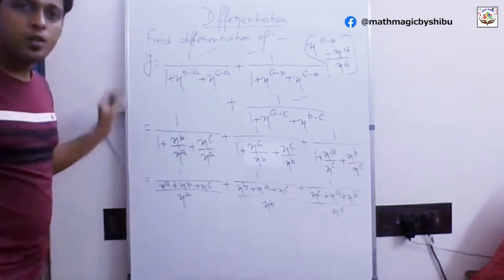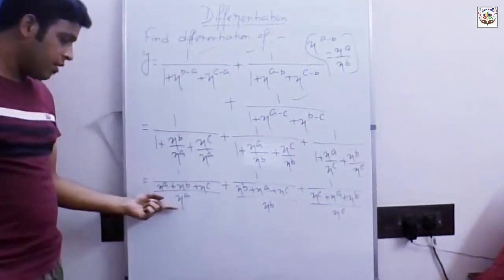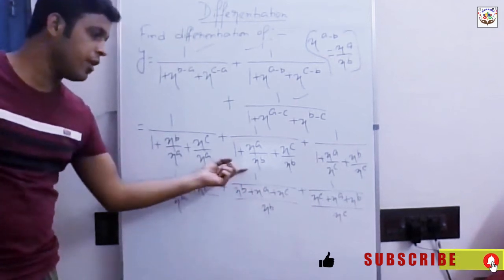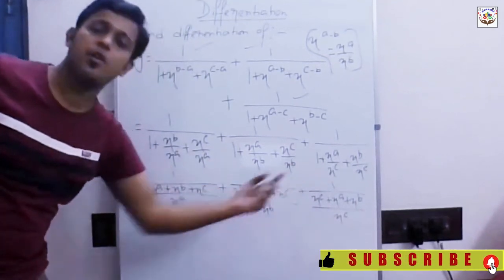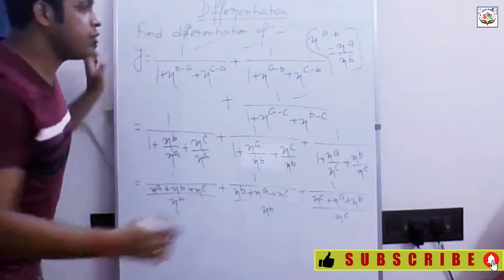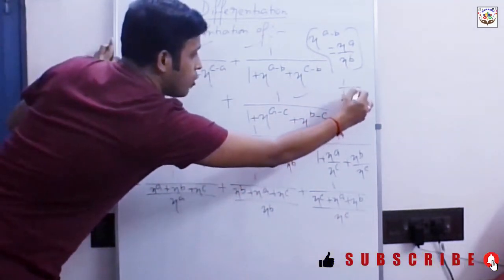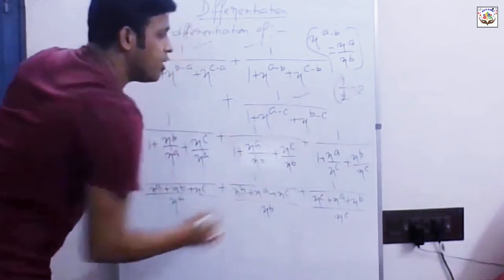So can I take this x to the power a into the numerator, this x to the power b into the numerator, and this x to the power c into the numerator? As we know, 1 by half equals 2 because it goes into the numerator.